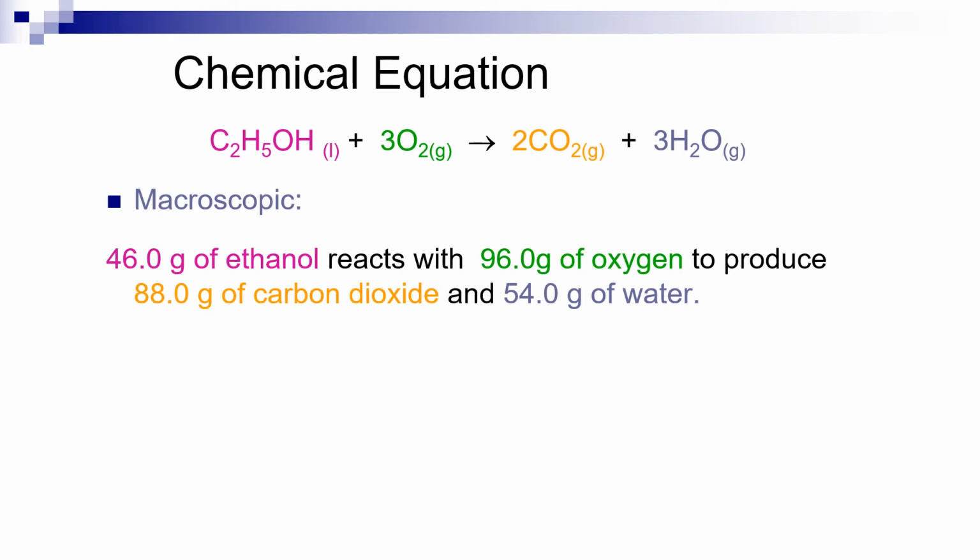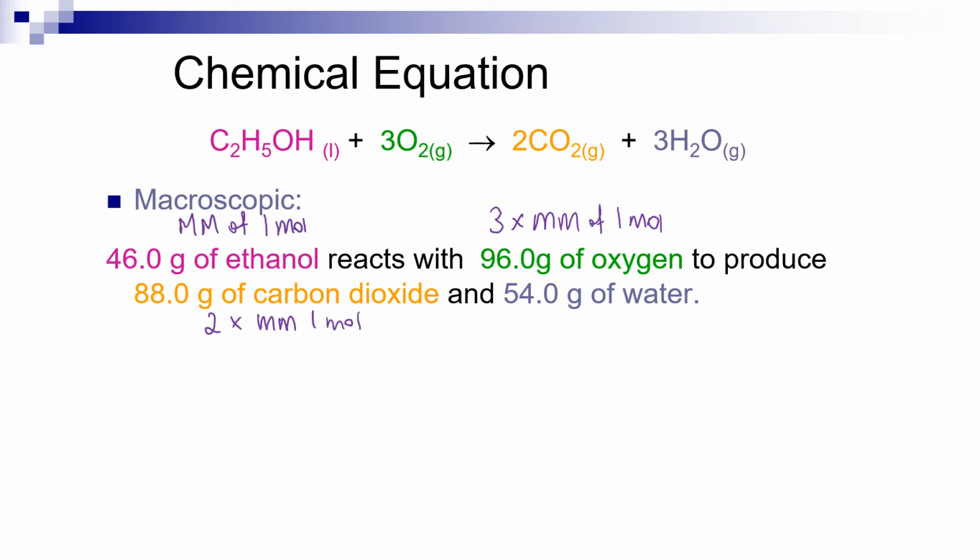So macroscopically, if we start with 46 grams of ethanol, which is the molar mass of 1 mole of ethanol, it reacts with 96 grams of oxygen, which is 3 times the molar mass of 1 mole of oxygen, to produce 88 grams of carbon dioxide, which is 2 times the molar mass of 1 mole of carbon dioxide.